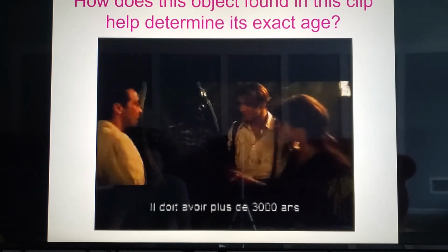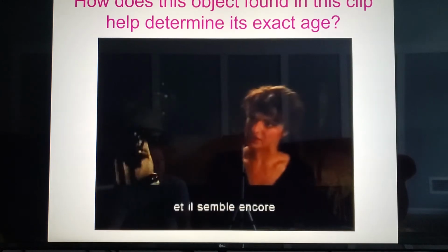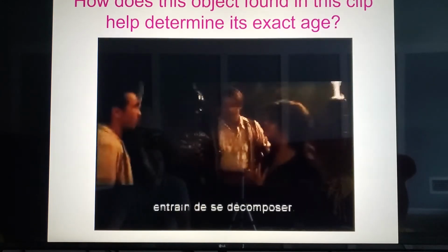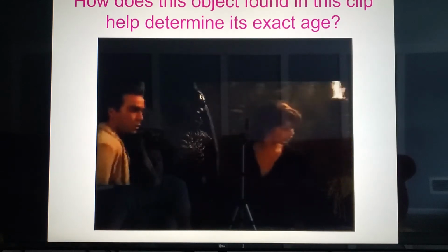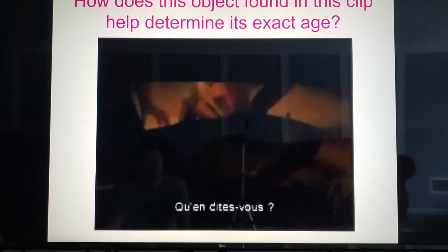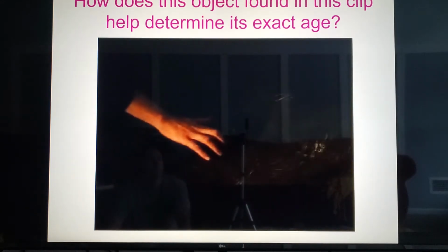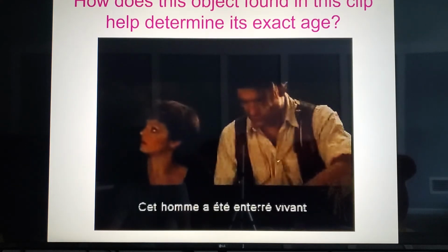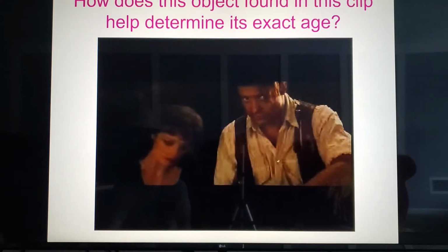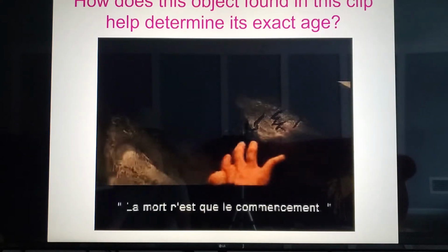He must be more than 3,000 years old, and it looks as if he's still decomposing. What do you make of this? Fingernails. This man was buried alive. And he left a message. Death is only the beginning.